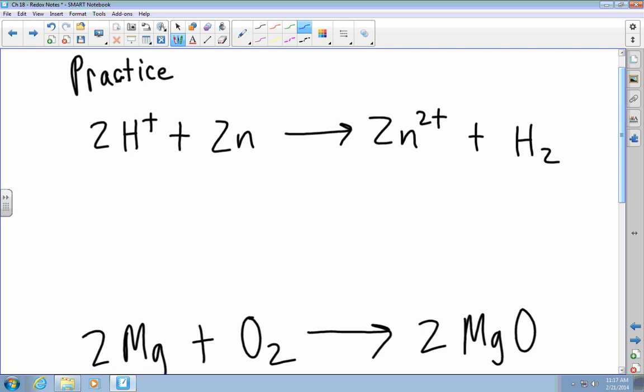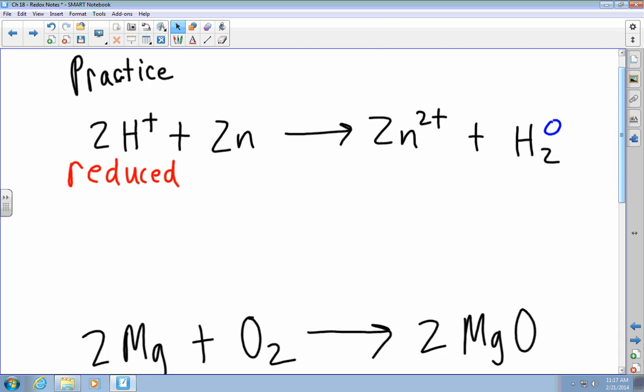On the right side of the arrow, what's the charge on our hydrogen? 0. So the charge on hydrogen is going up or down? Down. If the charge on hydrogen is going down, is it oxidized or reduced? Reduced. So the hydrogen is being reduced, which must mean that the zinc is being oxidized.